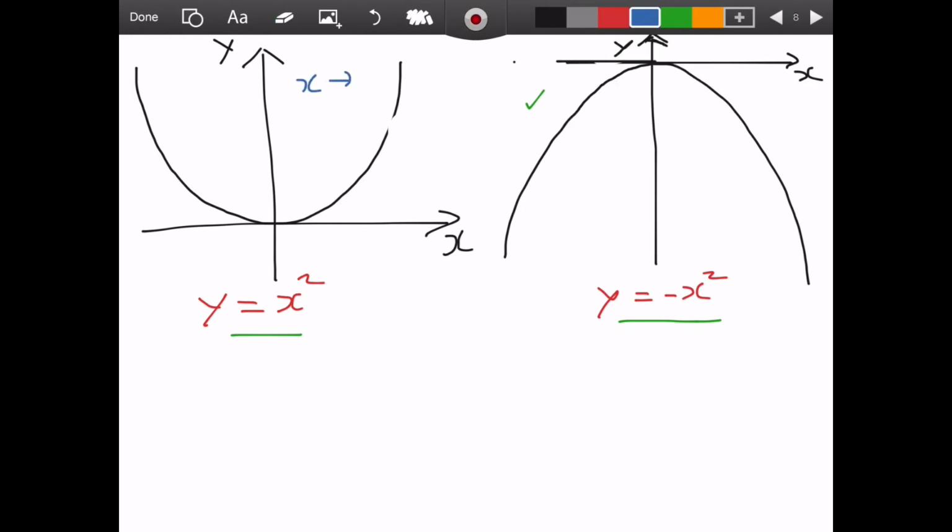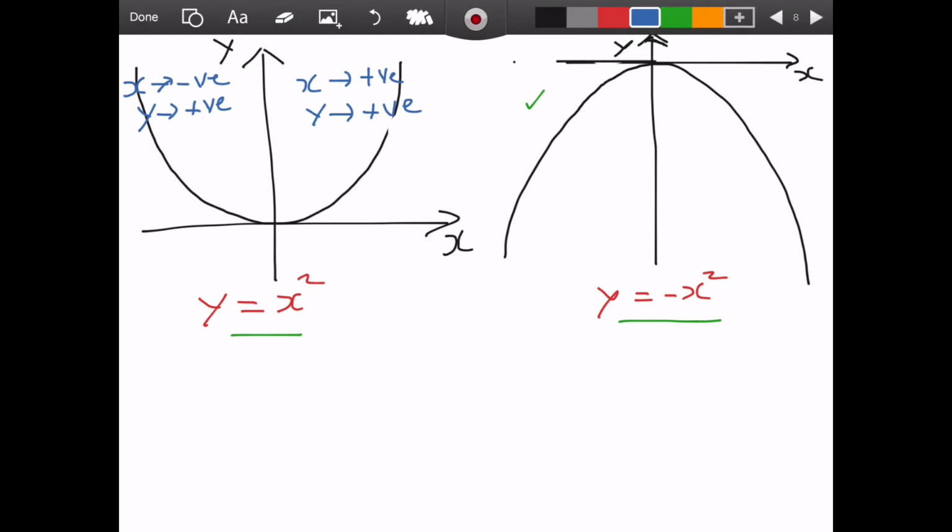When x is positive, we have y to be positive as well, right? How about here? When x is negative, what is y? Y is positive, right? Okay, so let's check it out over here.